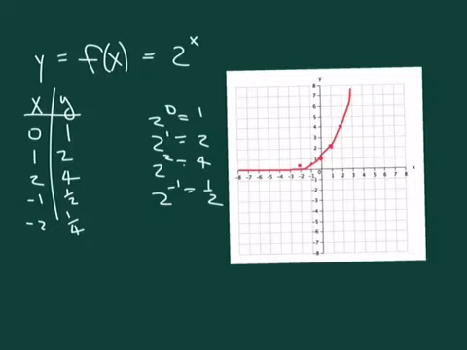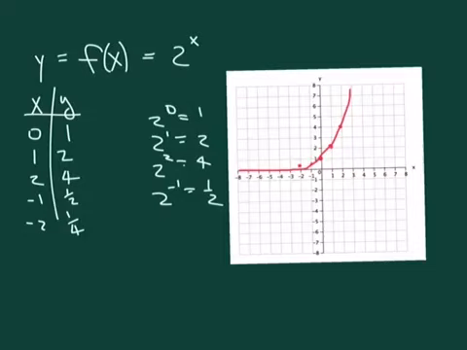So notice what happens when somebody says it increases exponentially. It means it increases really, really fast once you get to a certain point. Then it just goes up like that. As x goes from left to right, the y value increases without bound, which means this will go up and up and up forever.